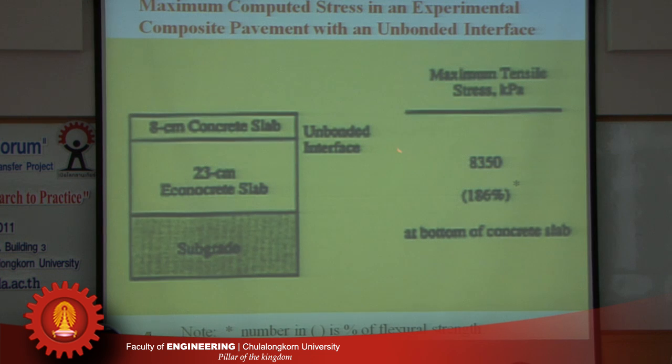And when we did the analysis, it showed that if they're not bonded, with the effect of temperature differential, the computed stress was much higher than the flexural strength. In this case, it's 186% of the flexural strength of the concrete, and no wonder it failed right away.